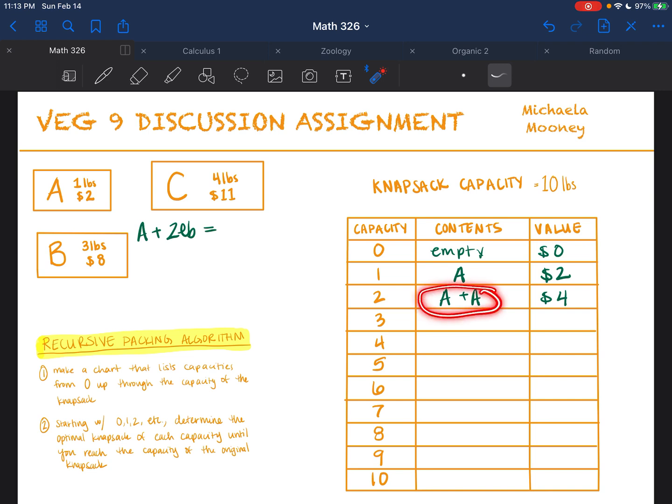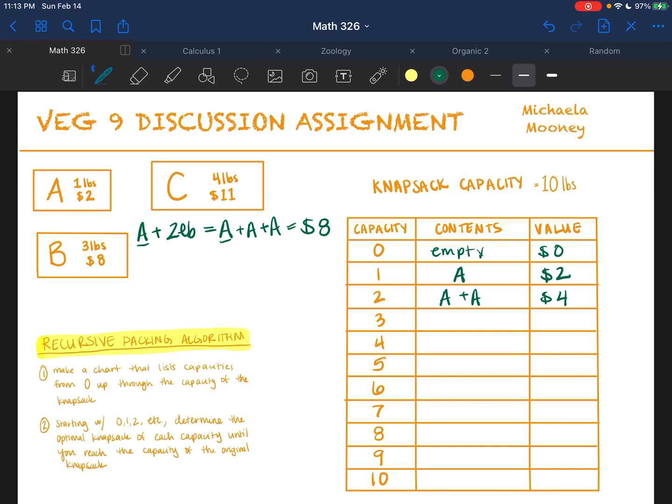And it says we are going to fill it with 2 more A's, and that's going to give us our highest value. So we do our original A plus A plus A, and remember those 2 A's came from right here, the 2 pound optimal capacity. And those 2 A's are worth $4, and we're adding an extra A, which is worth $2. So our total is going to be $8.